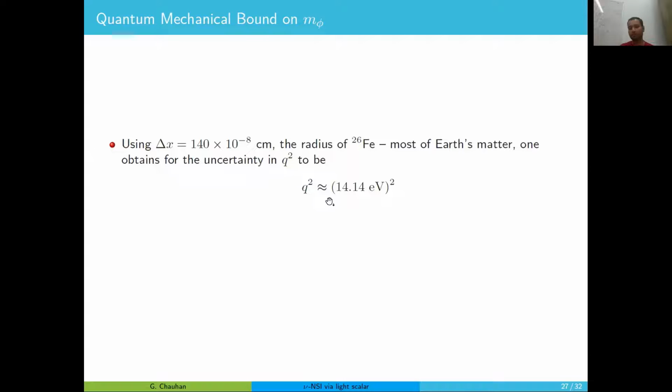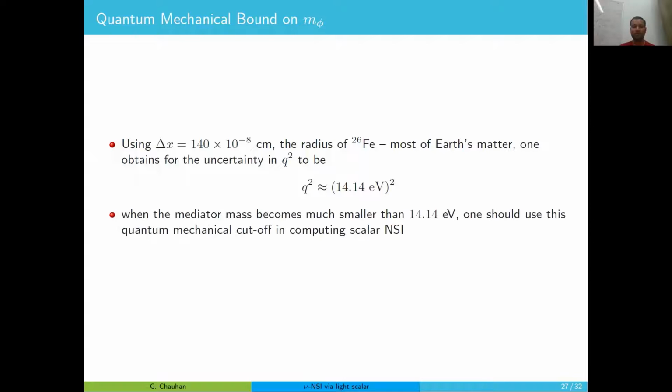Like q is about 14 eV-ish. So if your mediator mass goes below this, or the momentum transfer is below this, then this effect becomes independent of the mass m phi in the case of bound electrons. I'll show you that as an example in the plot.